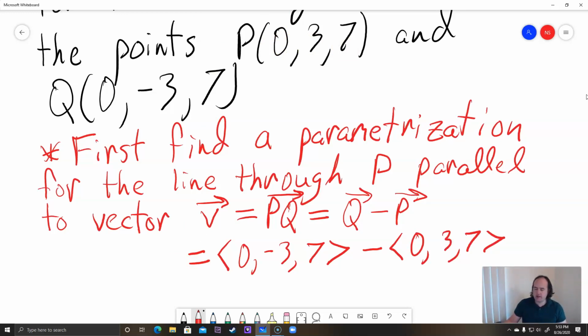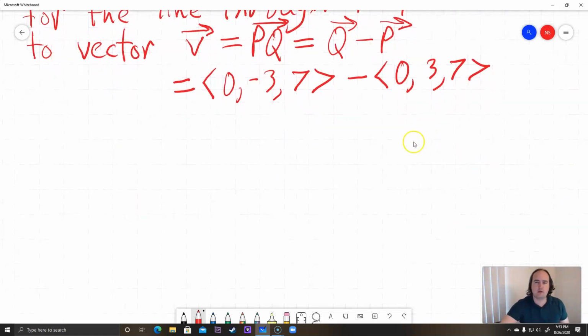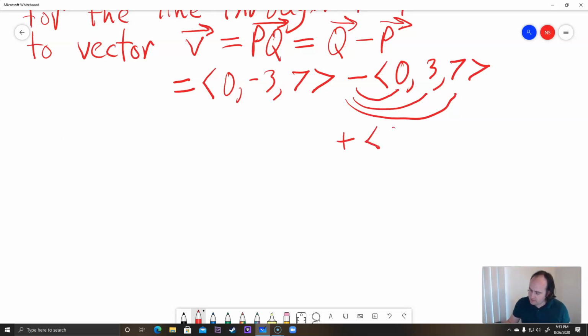When you're subtracting, you can distribute the minus to each component, so we switch all the signs and have 0, negative 3, negative 7.